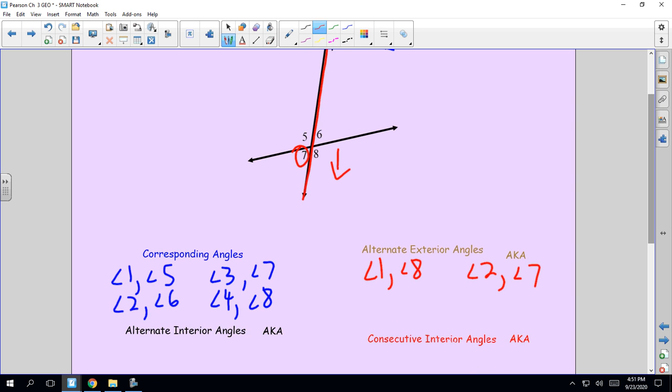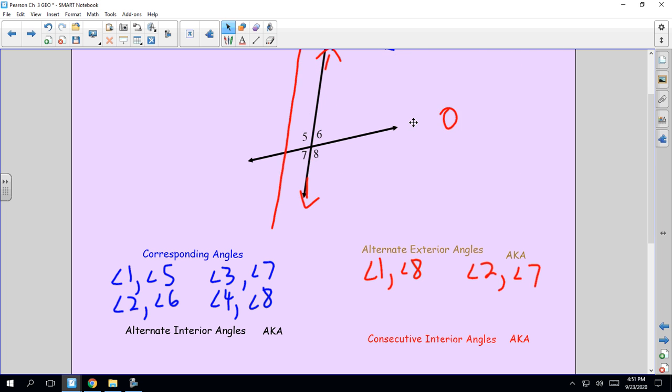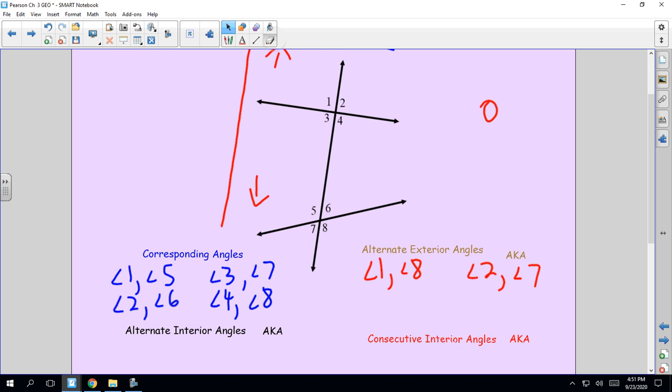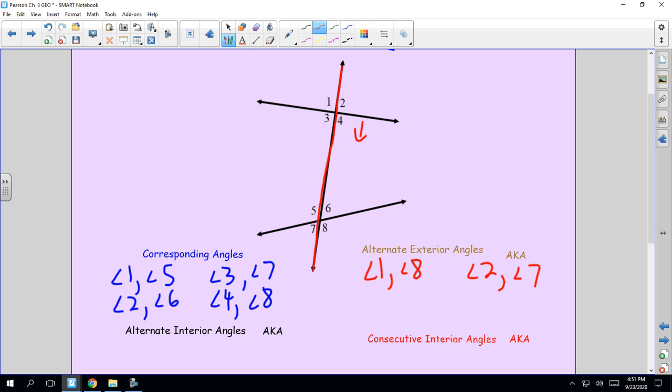All right, let's move this down so we can see it. Alternate interior angles are angles that are on alternate sides of the transversal, but in between the two lines here.